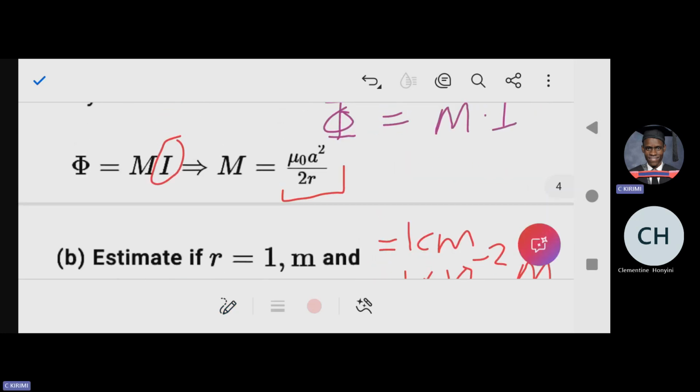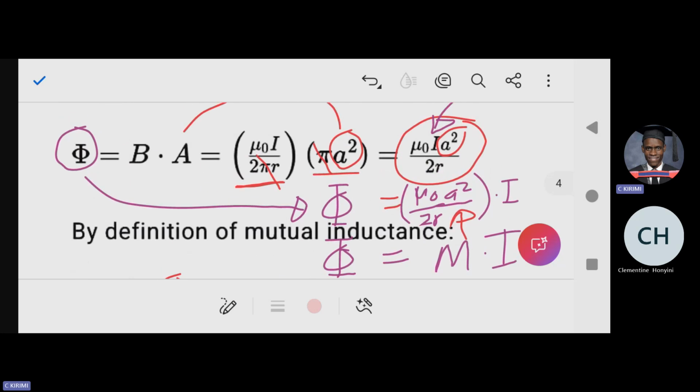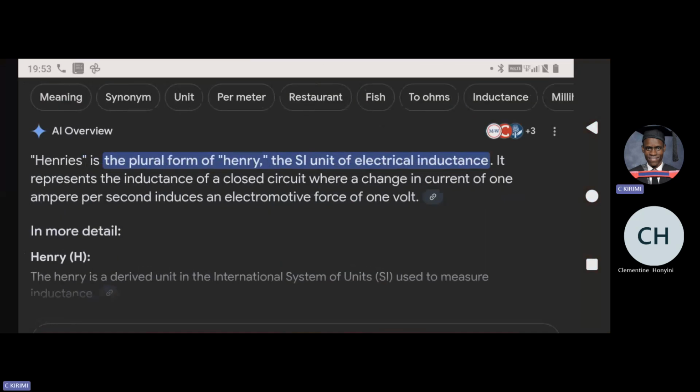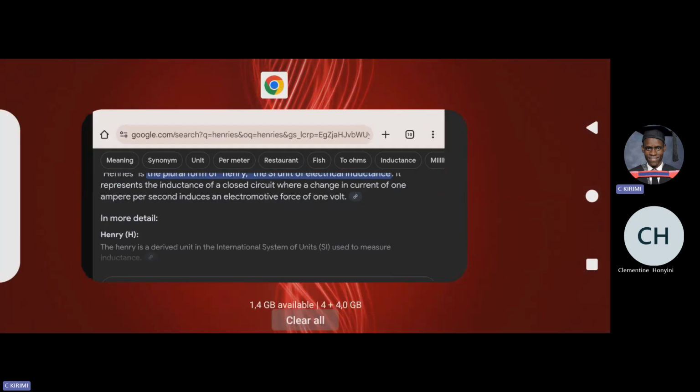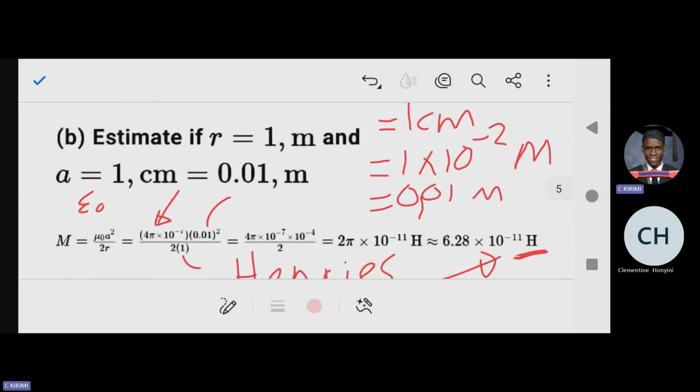So I've shown you how they separated the flux. How can you convert it? Instead of flux, it can also be mutual inductance times current, or flux can also be the magnetic field B multiplied by the area. So it's a matter of manipulating the equations. That's what happened there. So let's move on.